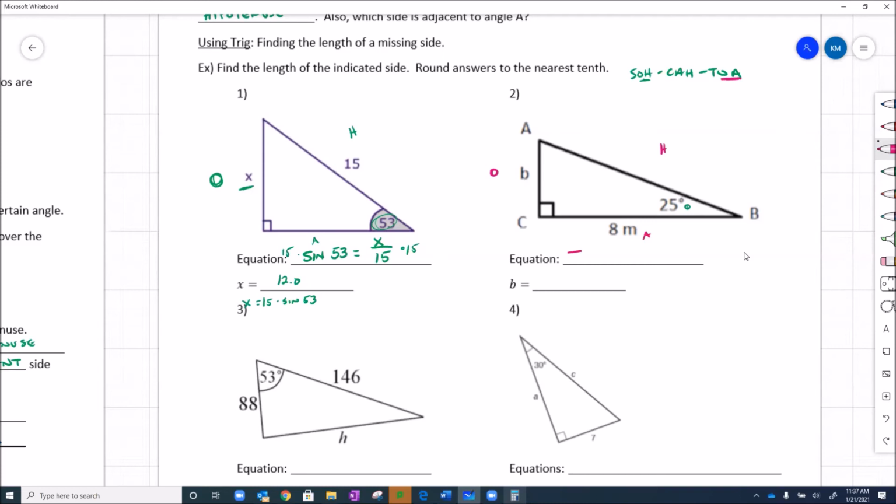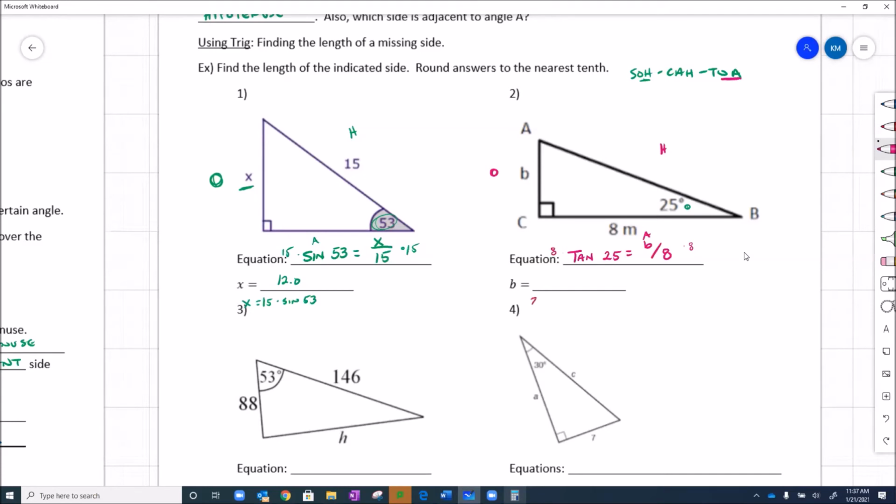So I'm going to say tangent from the angle that I'm looking from, 25, equals opposite B over adjacent 8. And then I solve this problem using algebra, multiplying both sides by 8.